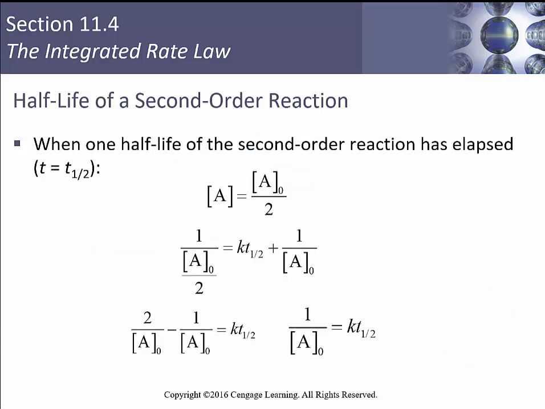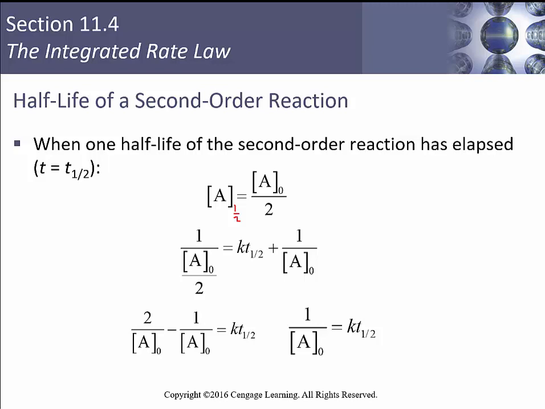Right? When 1 half-life of the second order reaction has elapsed, we're going to do the same sort of thing that we did before. We're going to take our A concentration at t 1/2. That's going to be 1/2 of our initial concentration. So it's going to be 1 over [A]0 over 2 is equal to kt 1/2 plus 1 over our initial concentration. Do a little bit more rearranging.